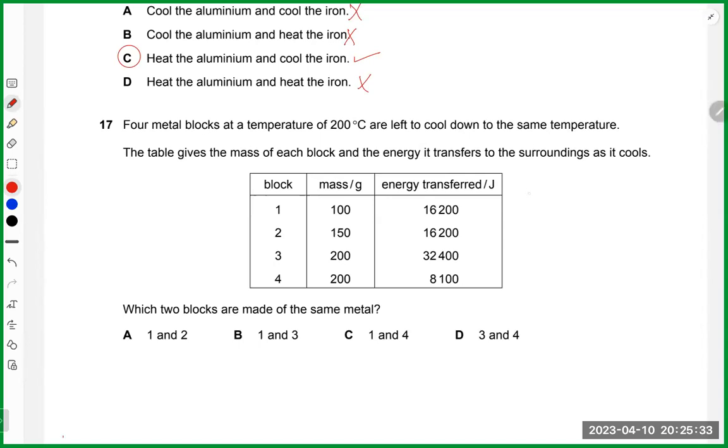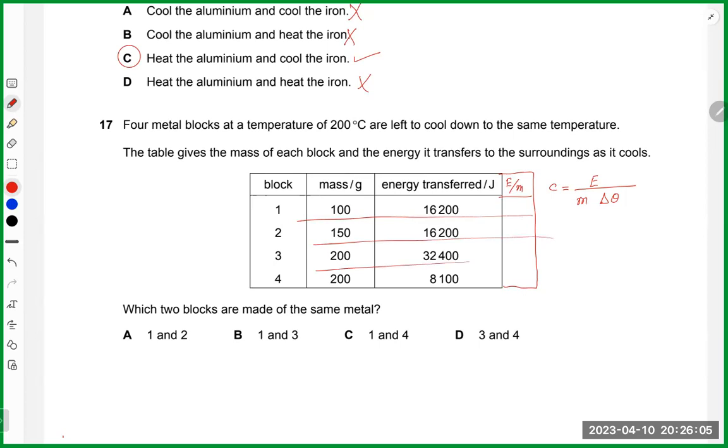So calculate specific heat capacity, which is energy divided by m delta theta. All four blocks go from 200 degrees Celsius to room temperature, so they all have the same change of temperature. So it is all about energy divided by mass. Let's make a new column next to this one: energy divided by mass.